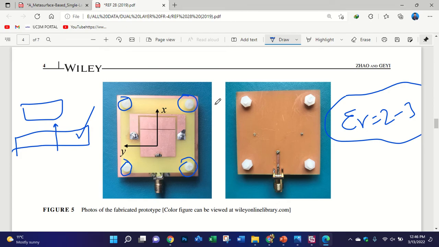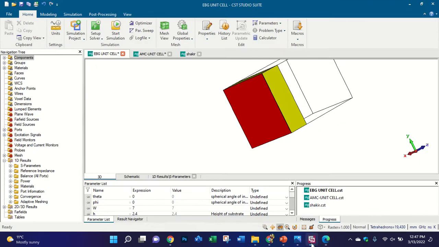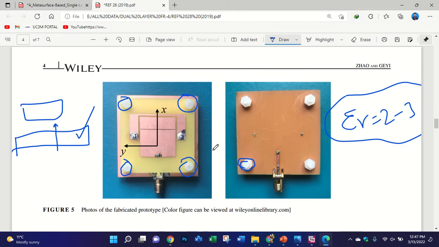But for the screw you need to create a hole in the substrate. Does it change the result? If you create the holes in the substrate, they do not affect your results. But if it touches your copper, like if you create a hole at this position, surely your results will change.